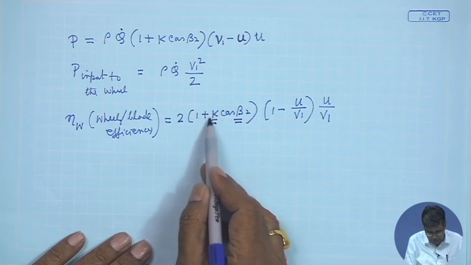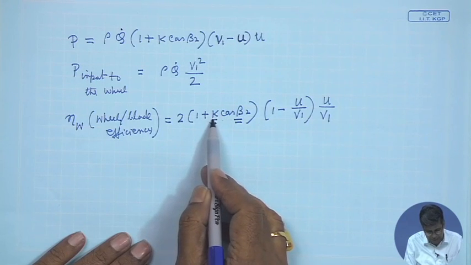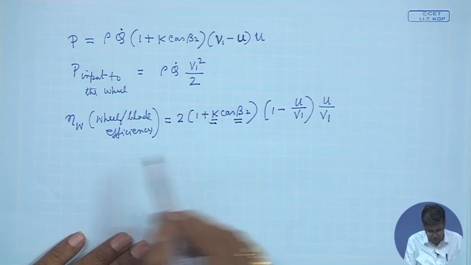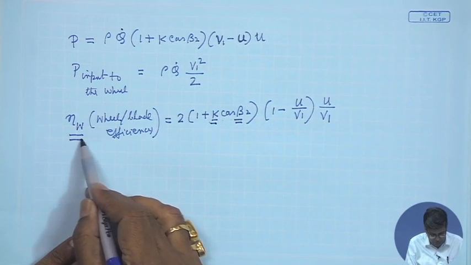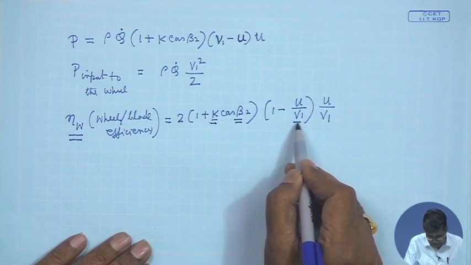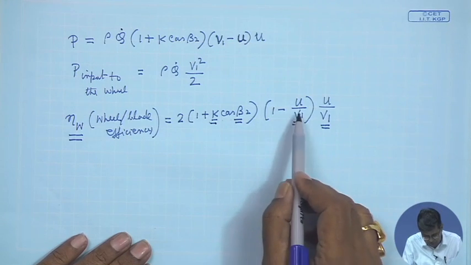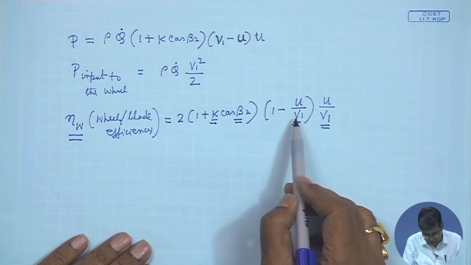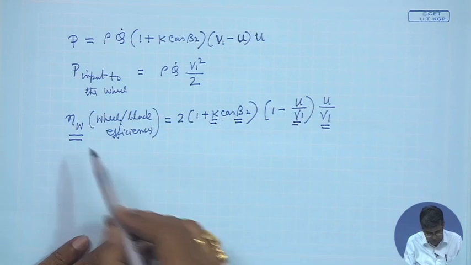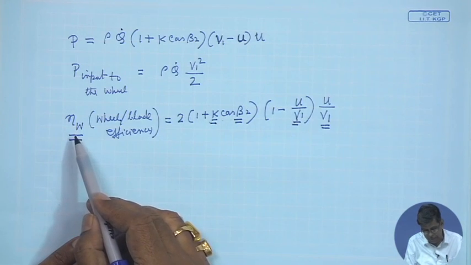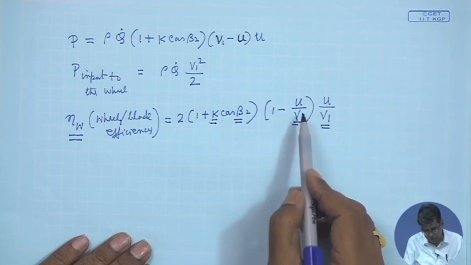So, for a given design we can take it as substantially constant. Therefore, we can say that wheel or blade efficiency depends only on this u by V 1 ratio, which is very important. What should be the ratio of u by V 1 for which this wheel efficiency will be maximum? We have to find out that ratio.